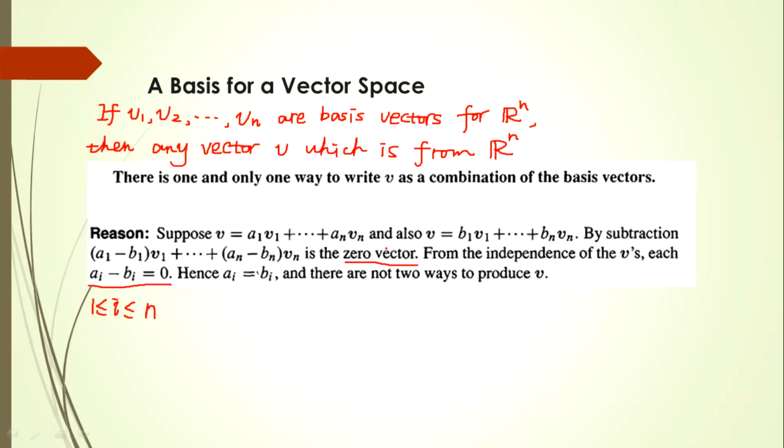There is only one way to express the vector using the linear combination of the basis vectors. There are not two ways to produce v. Are you clear? So we gave this statement, explained it and somewhat simply proved it.